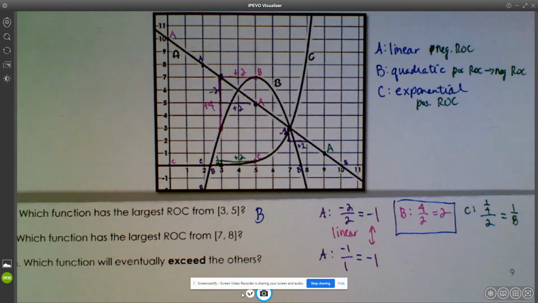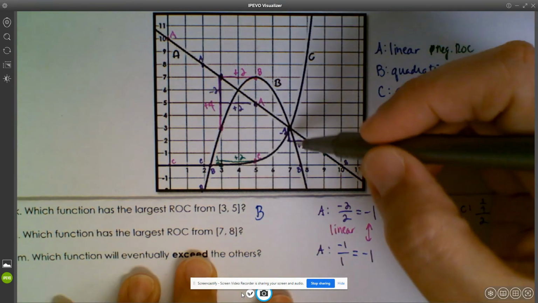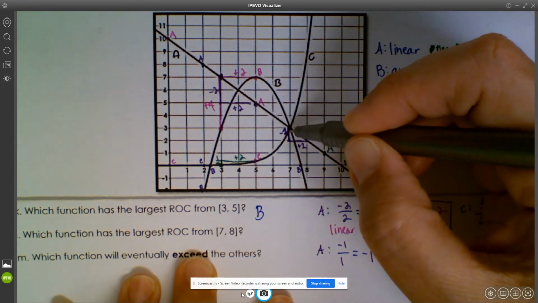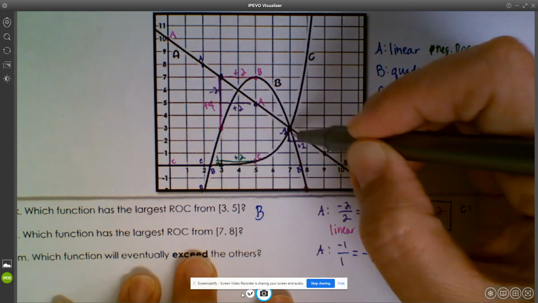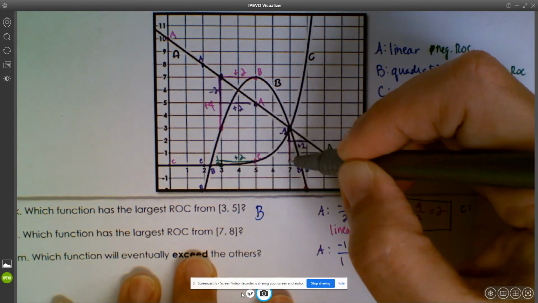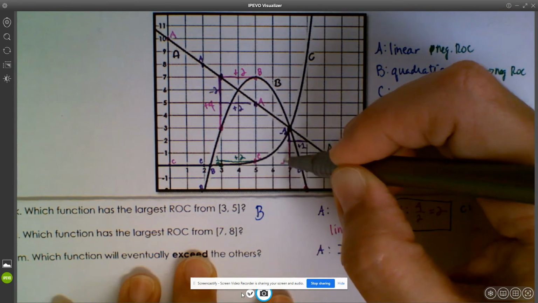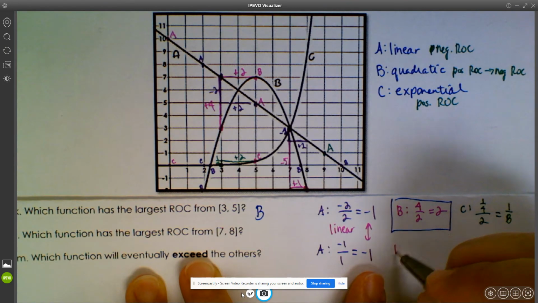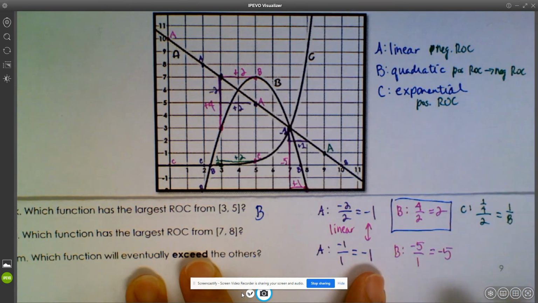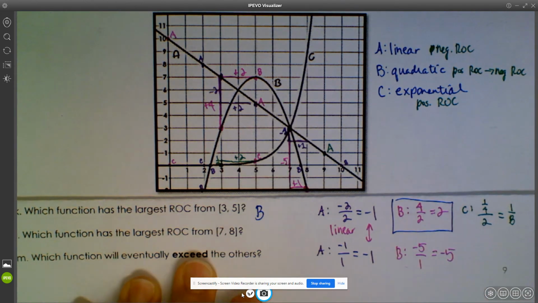All right, now let's look at function B. Function B, where x equals 7 is here, to where x equals 8 is here. So we're going to go down 1, 2, 3, 4, 5, and then we're going to go to the right 1. So my rate of change is -5 divided by 1, which is -5.